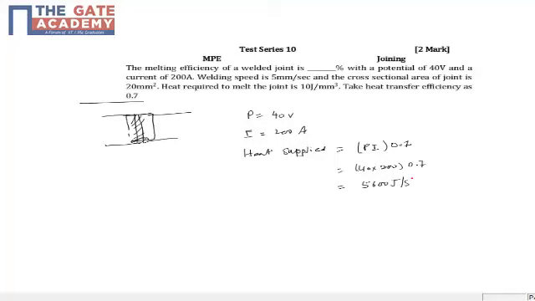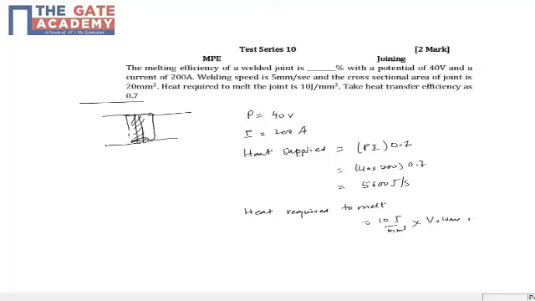Now melting efficiency is how much of the heat is required for melting. The heat required to melt is given as 10 joules per mm cube. So into volume I need to multiply, so that I get the volume melted per second.